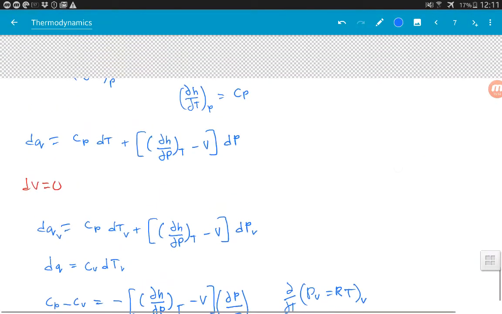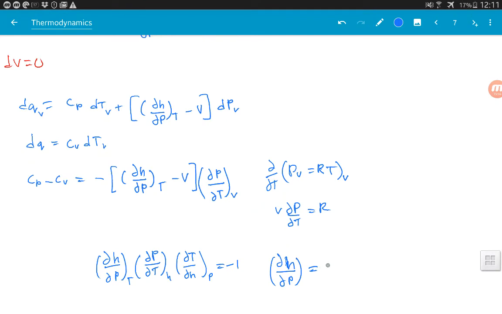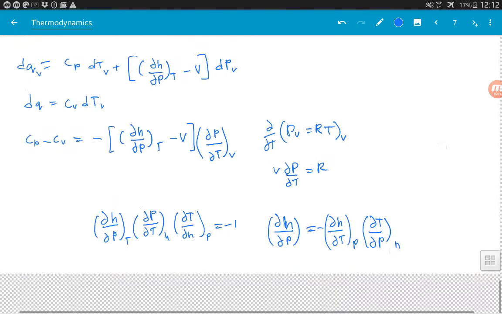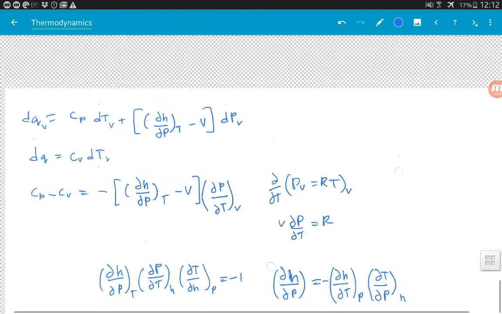del H del P is negative del H del T, so invert this as well, del T del P at constant H. So this one we already established before.